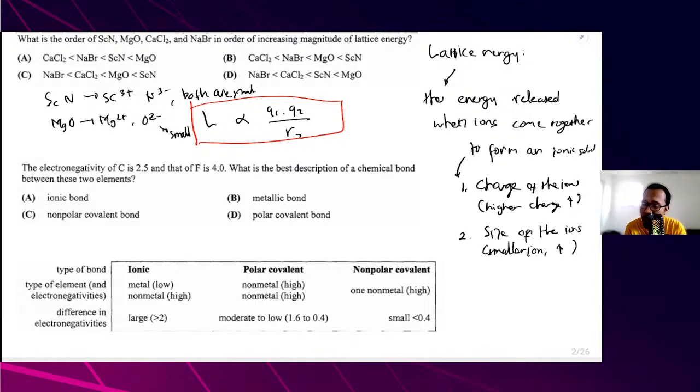Sc and N in the periodic table: O is in group 16, Sc is in group 3B, and N is in group 15.